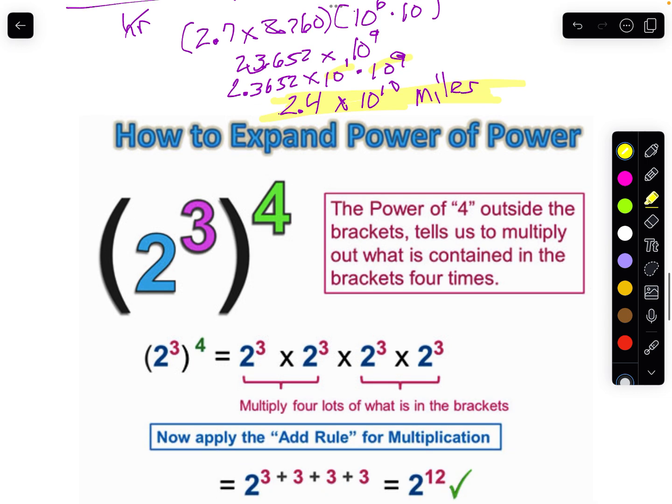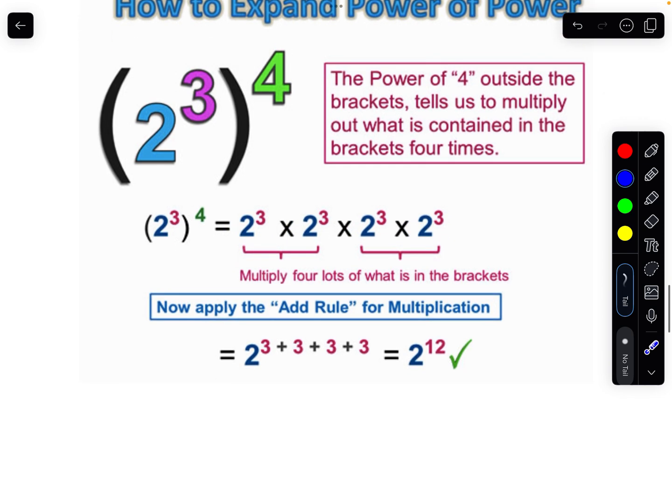Now, what happens if I have an exponent with an exponent? I'll give an example here. Notice if I have 2 to the third raised to the 4th power, that means I have 2 to the third 4 times. We know if I multiply, I add my exponents, I get 2 to the 12th.